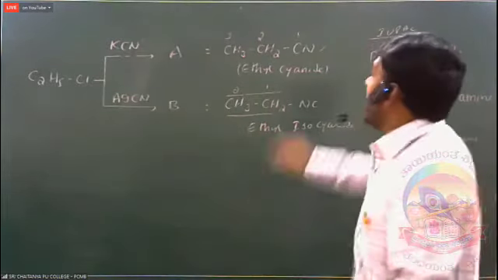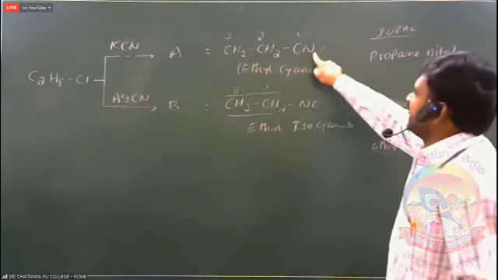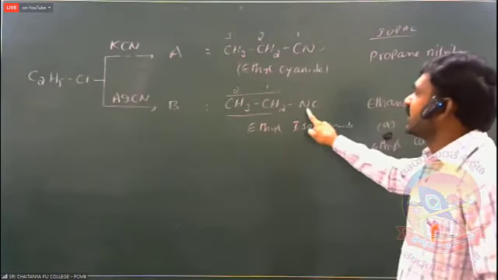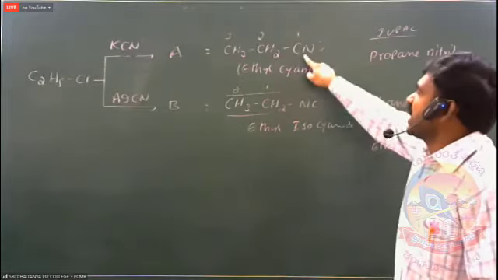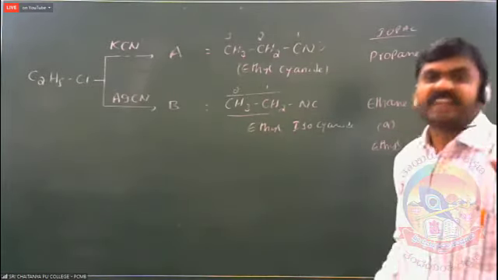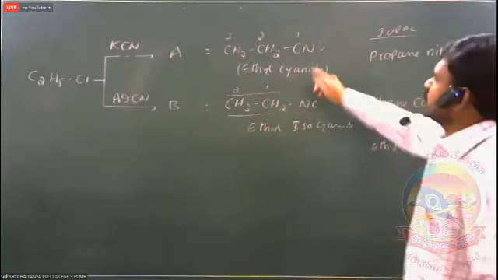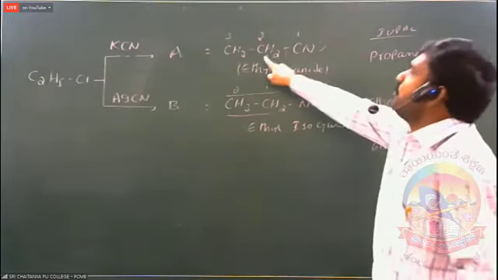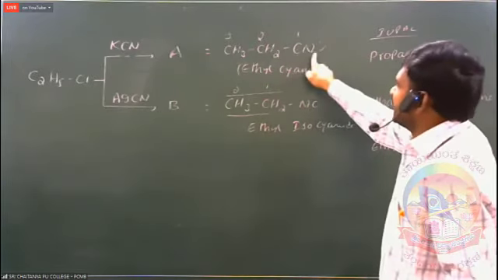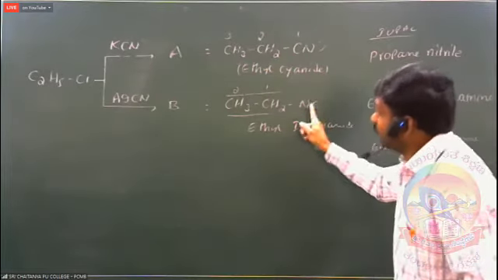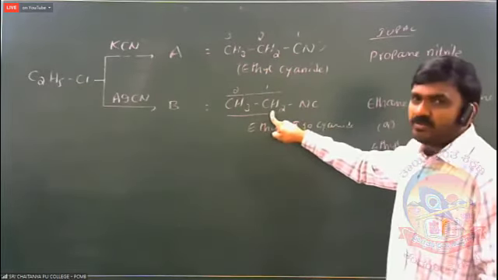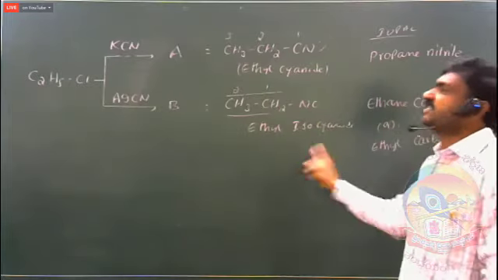Ambi means both. So both the atoms can form a bond with the carbon chain. If carbon forms the bond, it is called cyanide. If nitrogen forms the bond with the carbon chain, it is considered as isocyanide.